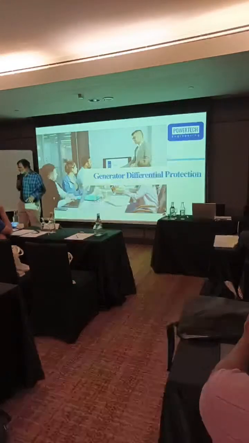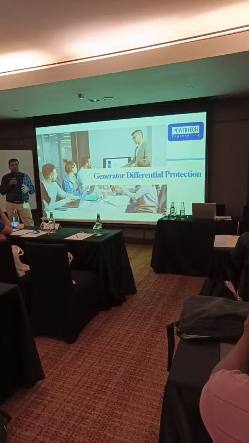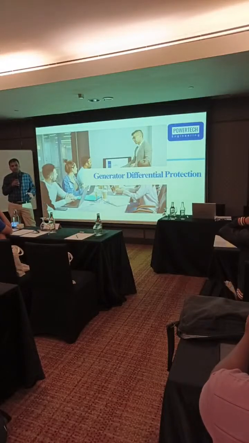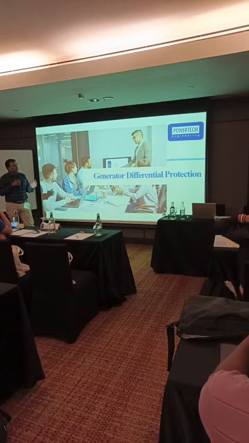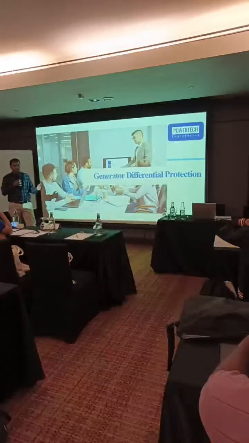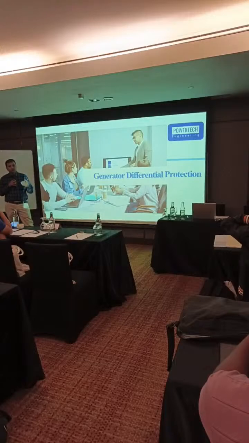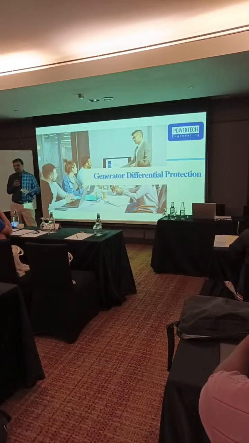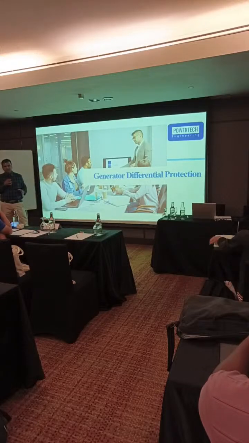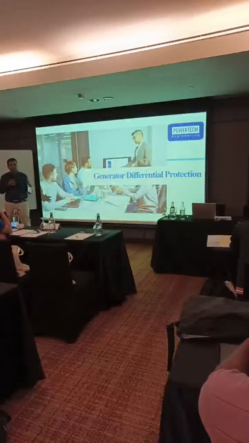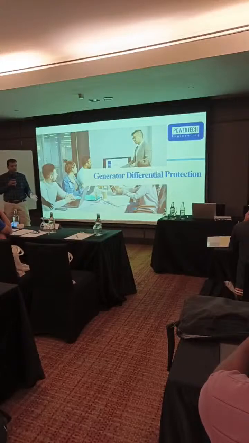As yesterday it was explained in detail, all the parts of differential. We will be covering today whatever part was left yesterday, so that it will be a complete protection training, not only for transformer differential, but all types of protection.